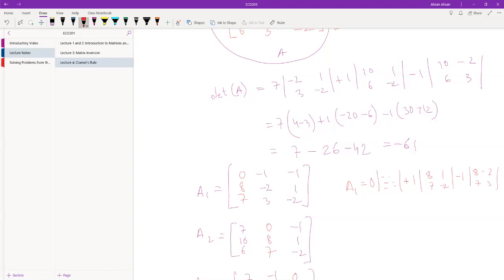So that gives me 0 plus 8 times, we have minus 16 minus 7, so minus 23, minus, so over here we have 24 plus 14, so 38.